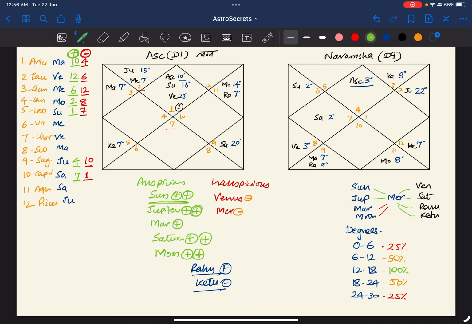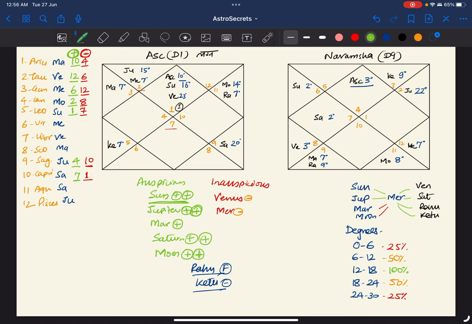While in the case of Jupiter, on the D1 chart it is placed really well. It is going to give 100% result. If we take a look at the D9 chart, again it is placed in a really good position. In the D9 chart, Jupiter is at 22 degrees.